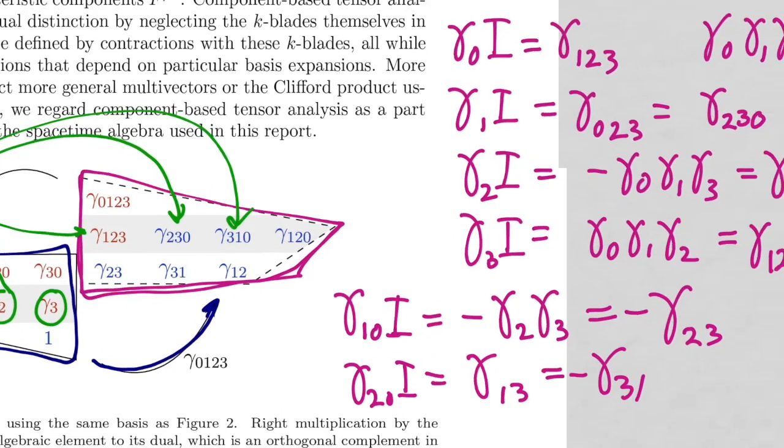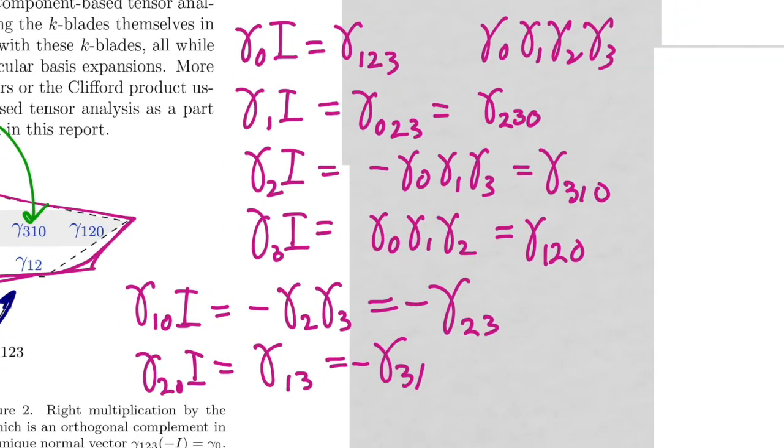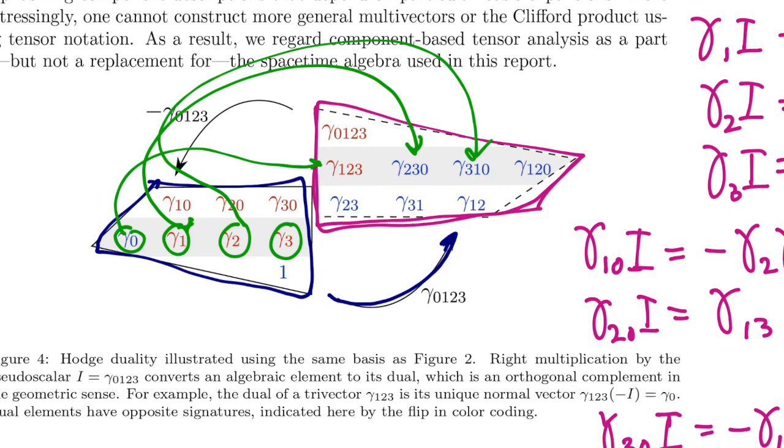And then I did gamma 3, so the dual of gamma 3 is gamma 0, 1, 2, which is the same as gamma 1, 2, 0. So it is true that those basis vectors do land straight on the basis. The duals of the basis vectors are, in fact, the basis trivectors in this system.